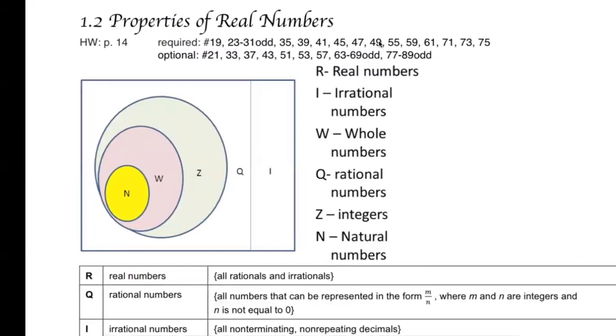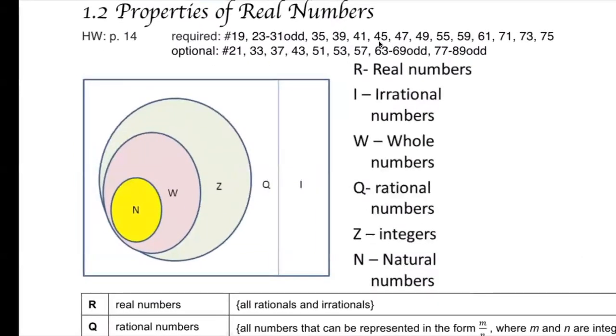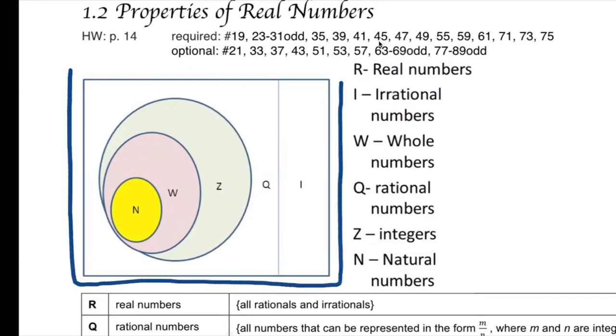Here we go. If you're following along with your notes, we're going to be drawing a big box around all of this. Basically, any number that you can think of is a real number. We're just going to use R as our little shortcut there.